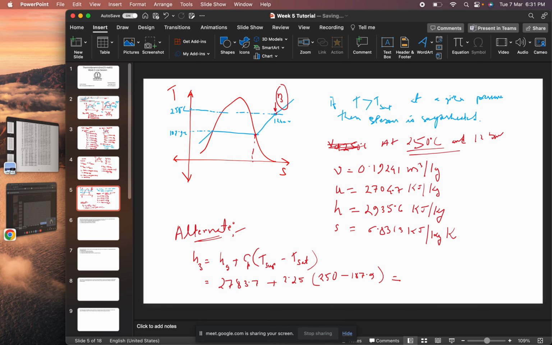So this will be 250 minus 187.9, into 2.25, plus 2783.7, so 2923.425 kilojoule per kg. So you can see that there's not much difference in these two values. Using this you can also calculate the others, if you do not want to use your steam table.